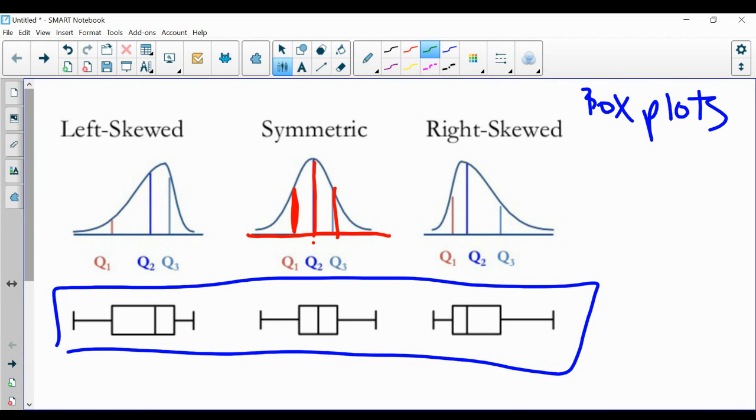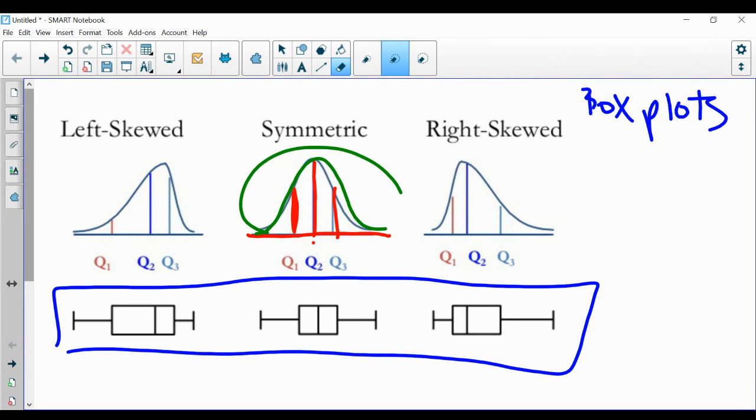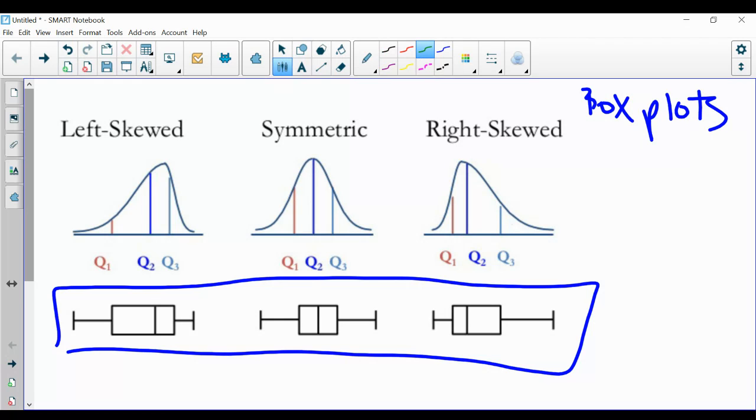And then the last thing they did was draw a line over it to show you that it's pretty symmetrical. If you look at the data set itself, right smack dab in the middle of it, it looks fairly even.